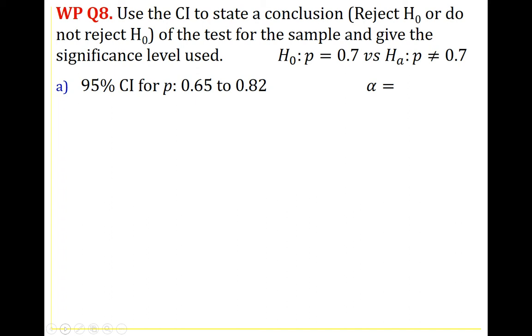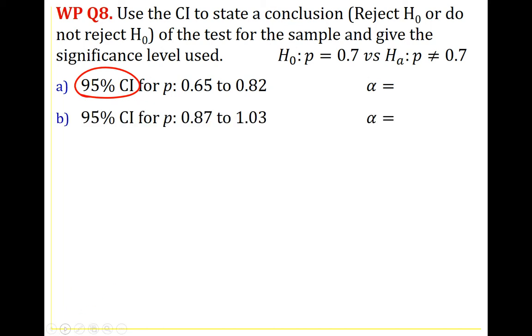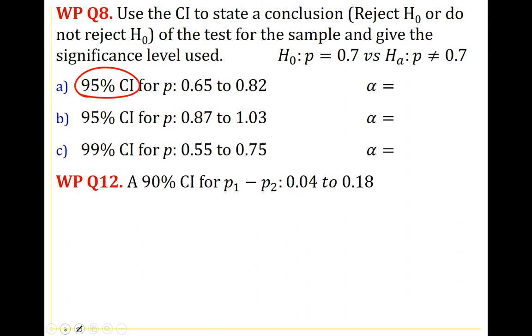First of all, we're determining the alpha level based on the CI. On these top ones, we're determining simply the alpha level. A 95% CI gives us a 5% alpha level, or 0.05, because it's the counterpart of 95%.